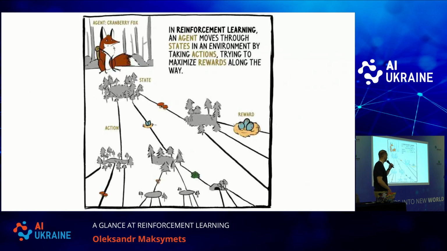So our agent will be Cranberry Fox. Cranberry Fox starts from some state in the forest, and then decides where to go. It has different directions, and during its way from one state to another, it gets rewards in terms of points of food.